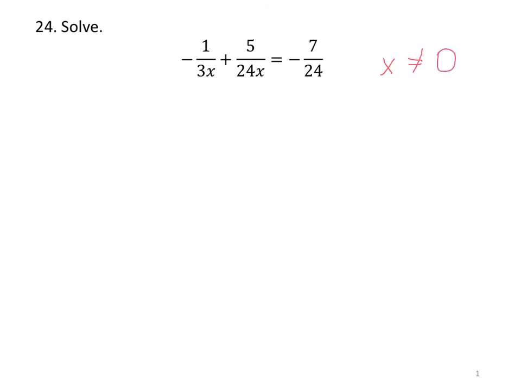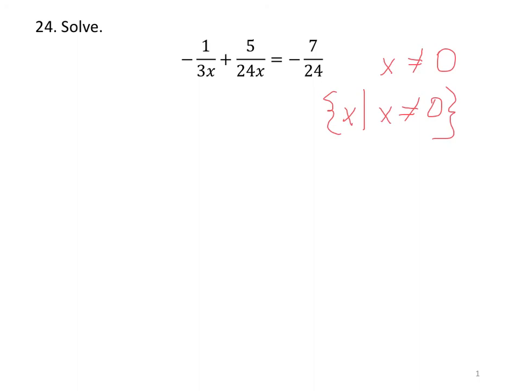And so our domain, not that we're being asked that, but our domain is such that all real numbers will work except that x cannot equal 0. So that's how you write domain in set theory. Now we're going to solve, and when we add fractions we have to find a common denominator.